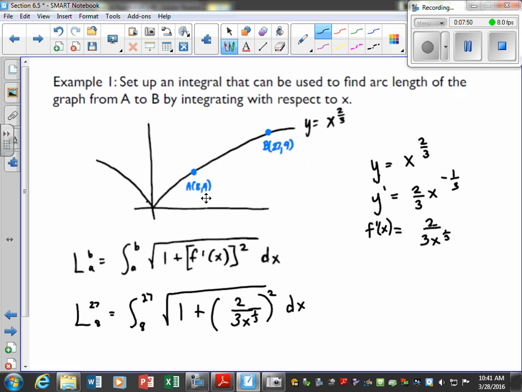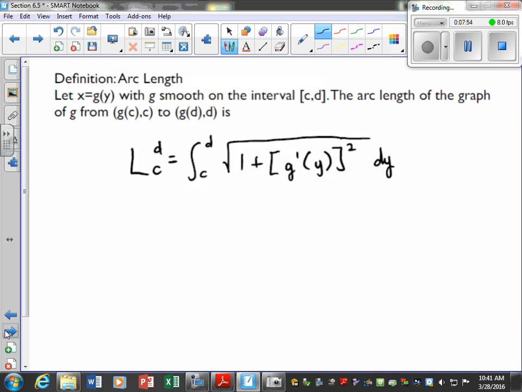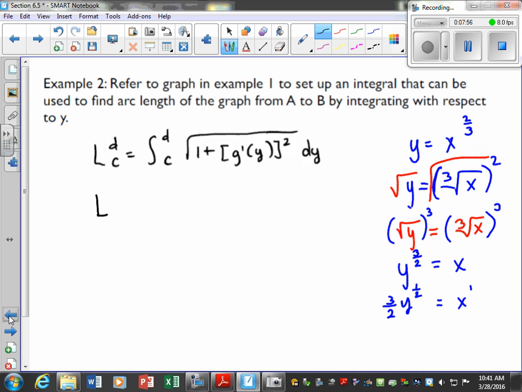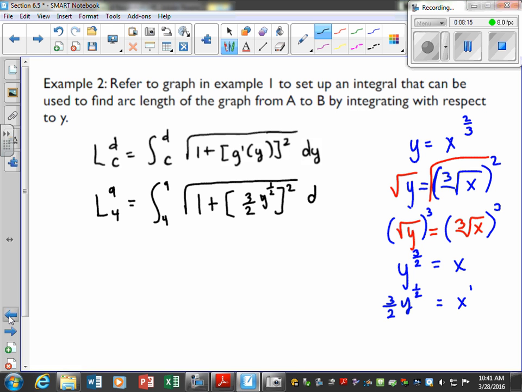The y values look like a 4 there and a 9 there. So we have 4 to 9, the integral of the square root of 1 plus 3/2 y to the 1/2 power squared dy. Okay? And that's all we were asked to do there.